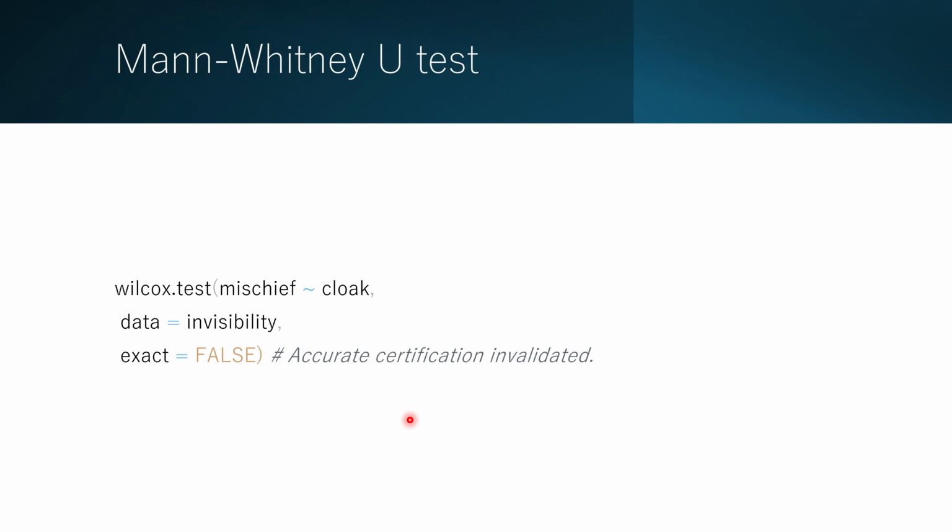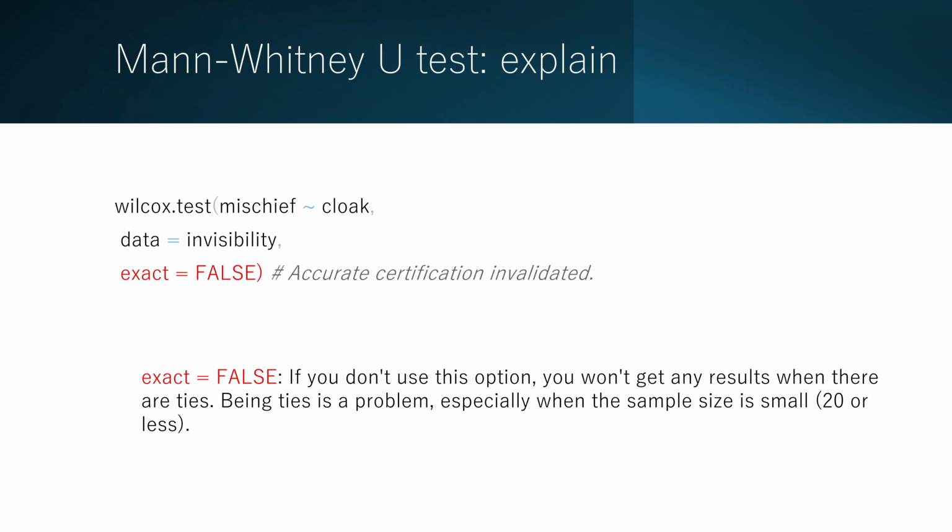This is the automatic way. The automatic way uses wilcox.test with the dependent variable, group variable, data, and in this case, exact equal FALSE. Next slide, I think we explain this. If you don't use this option, you will not get any result when there are ties.